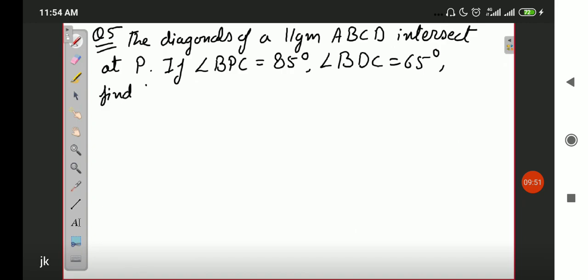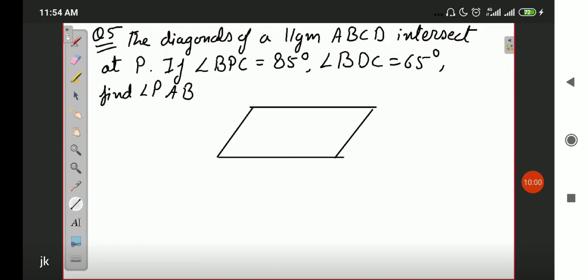angle PAB. Once again, let me draw that diagram for you so that you can clearly understand what is in the question. We are given a parallelogram ABCD. Of this parallelogram, there are two diagonals.